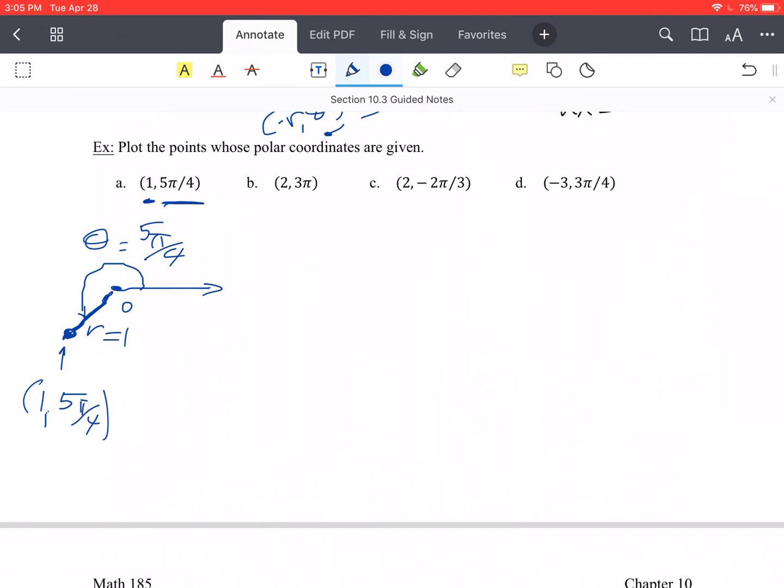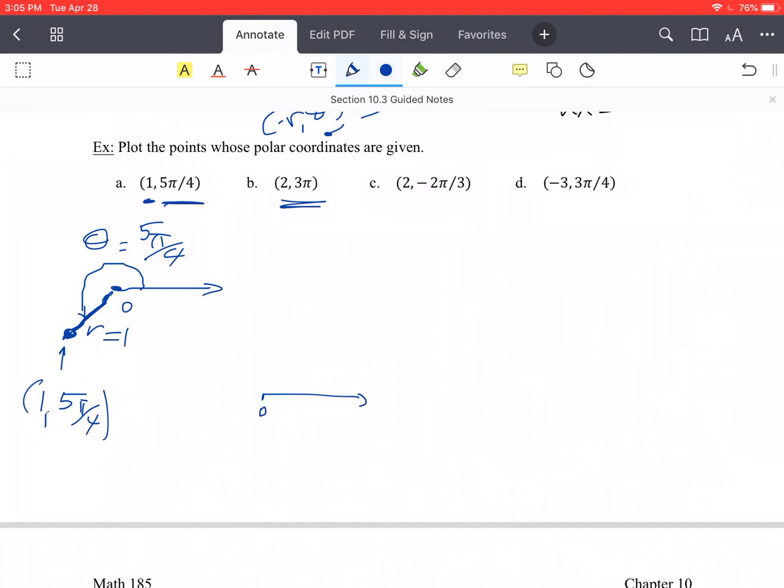Okay, let's look at the next one. So 2 comma 3 pi. So get my polar axis there. There's my starting point, O. And then, so we're going 3 pi.